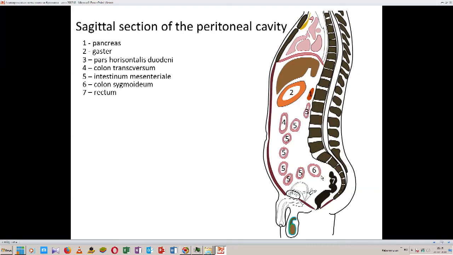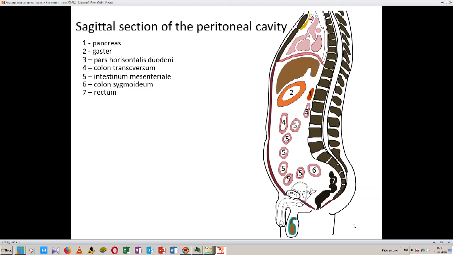But just now, in our picture, there is no depicted peritoneum. It isn't seen except the peritoneal sheet inside of the scrotum, the peritoneal sheet of the testis.